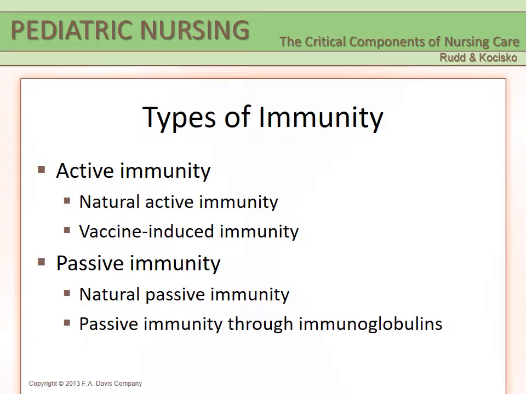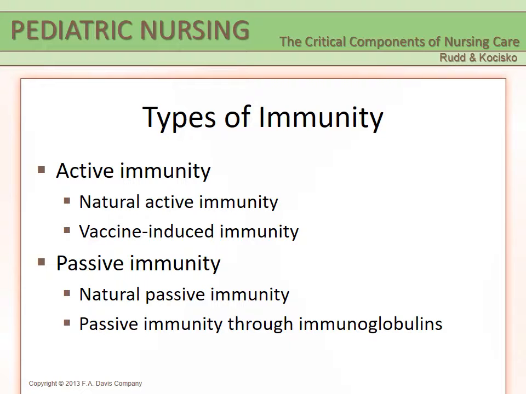So active immunity is exposure to the organism, whatever is causing the disease, making your own antibodies. The natural side of this, natural active, is that the person actually has the infection and is then immune. Vaccine is that there's active immunity to a disease that comes from being immunized with the killed or weakened form of that disease. Passive immunity is when a person is given antibodies to a disease.